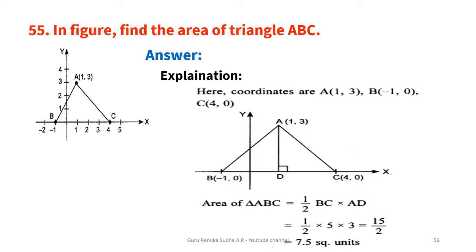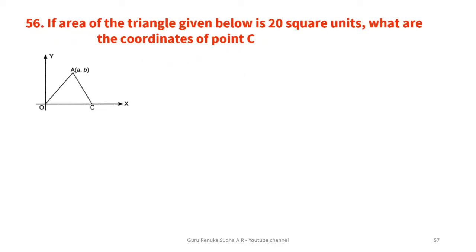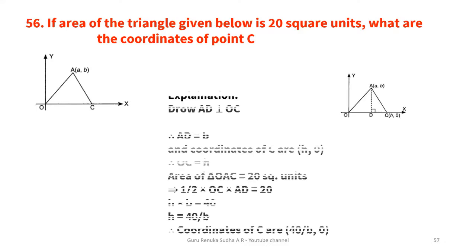Okay, if the area of the triangle given below is 20 square units, what are the coordinates of point C they are asking, because O is (0, 0), A is (a, b) and C you have to calculate. And here I have used AD as a perpendicular to OC. Then I have substituted AD is equal to b. Then C and OC is h. See, height you have to represent there.